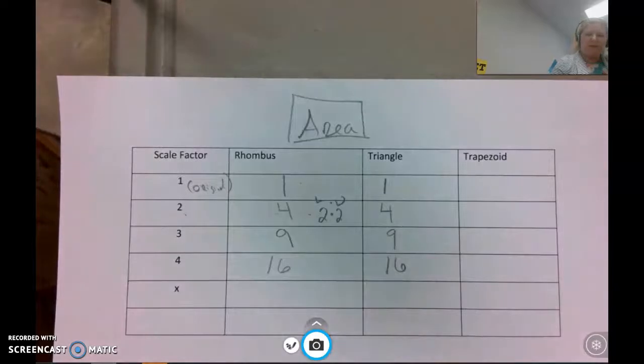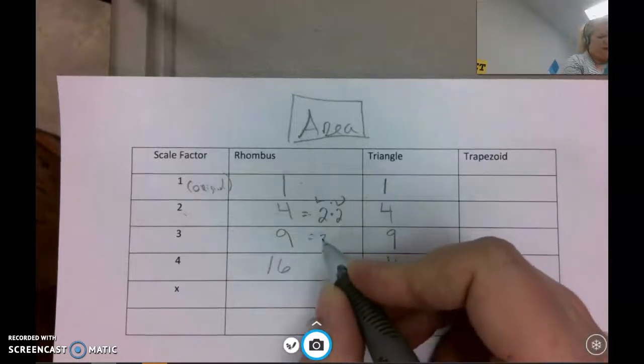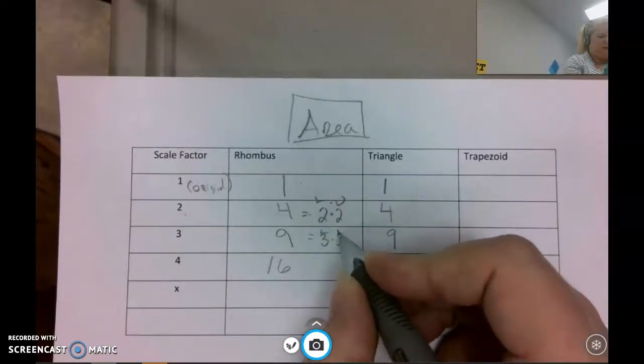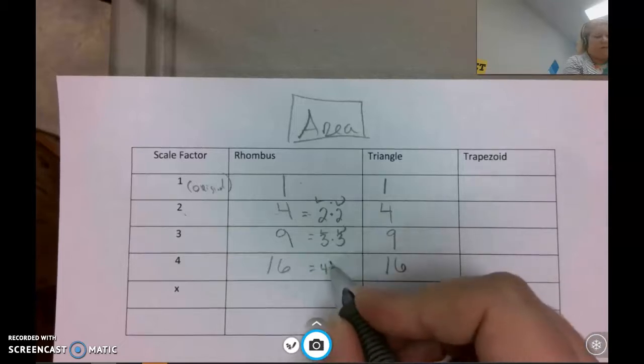I doubled each of those. I wonder if that's why I came up with 4. And then here I tripled the length and the width. Here I quadrupled the length and the width.